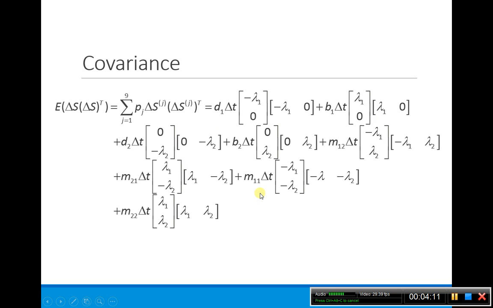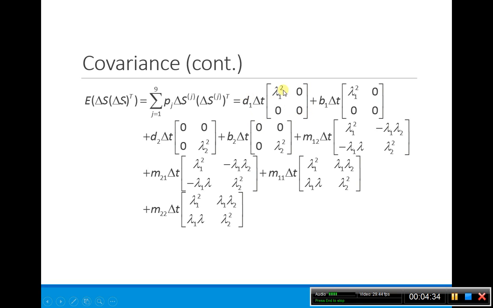Okay, our covariance, remember we estimate our covariance by E delta S transpose. So here we have those same transitions, just what we have now is the vector times the vector transpose. So this is going to end up giving us a matrix. All of these look the same as before, except now we have the vector times its transpose. When we do this multiplication, we have these matrices that we get.